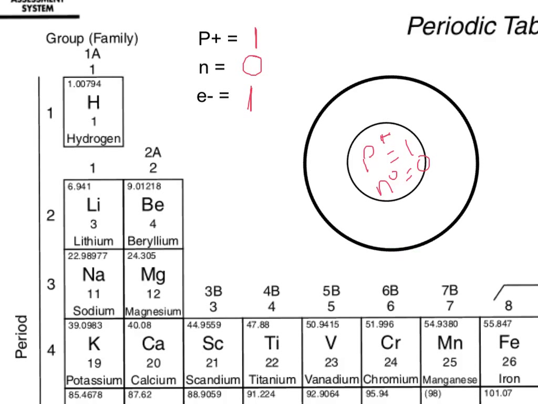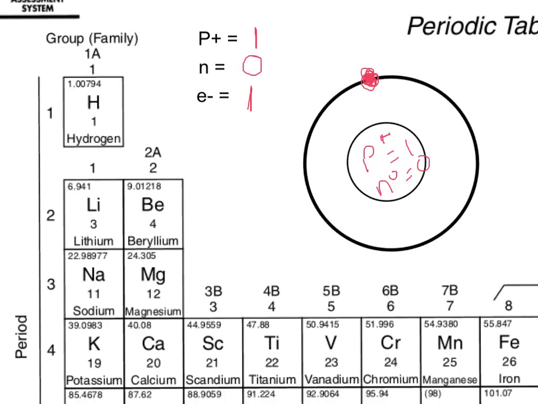So I have 1 electron, and it is going to sit on this first energy level here. And my pen is kind of thin, so it kind of looks like a funny circle. But that's all there is to it. So the first energy level can only fit 2 electrons, but since we only have 1, we don't run out of room. All right, so this is the Bohr diagram for hydrogen.